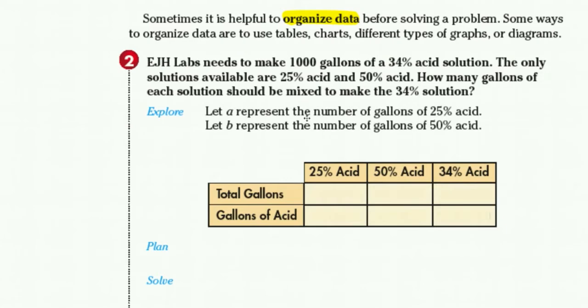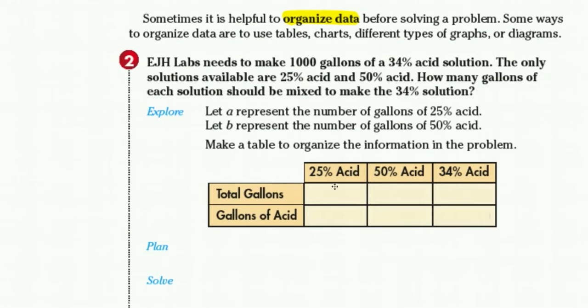We let A represent the number of gallons of 25% acid solution, and let B represent the number of gallons of 50% solution. Again, we make our very popular table to organize the information in the problem.